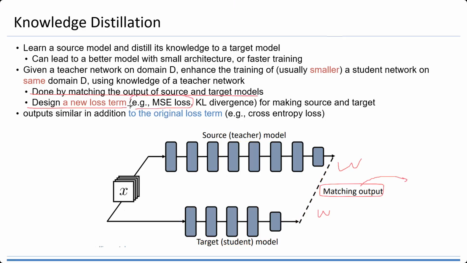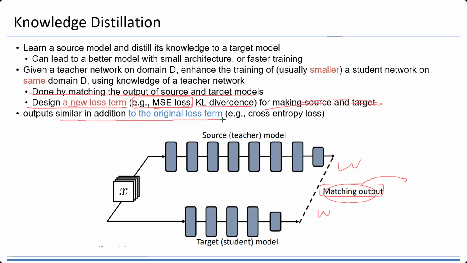If it is a probability, then we can use the MSE loss, the mean square error loss, or in our case, we can use the KL divergence or Kullback-Leibler. So we can see later. This loss term is to make the source and target output match. It is in order to check the similarity.